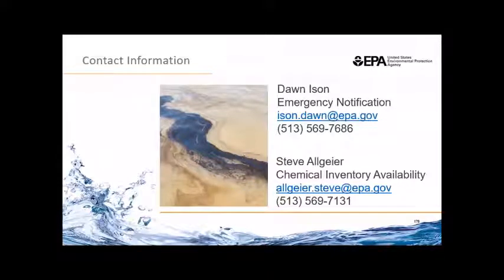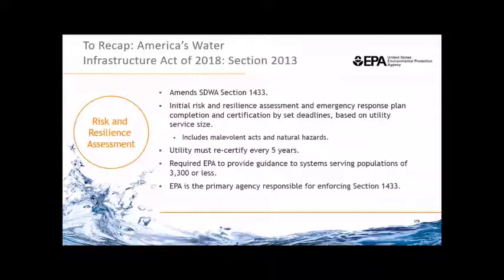Awesome, thanks, Jeff. Can we just go to the next slide? So just wanted to wrap up with a review of America's Water Infrastructure Act of 2018. Some of the main points here: it amends the Safe Drinking Water Act, Section 1433. We talked about that at the top of the workshop, sort of replacing the previous vulnerability assessment that was required under the Bioterrorism Act of 2002. It requires an initial risk and resilience assessment and emergency response plan to be completed and then certified by set deadlines based on the utility service size.